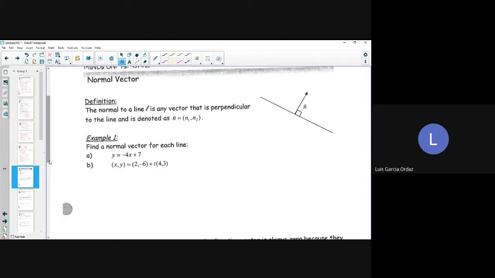So if a line is perpendicular to another line, what is the slope of the perpendicular line in comparison to the slope of the line it is perpendicular to? Learn this in grade 9. How do I determine a perpendicular slope if I have a slope already of a line I want to be perpendicular with?